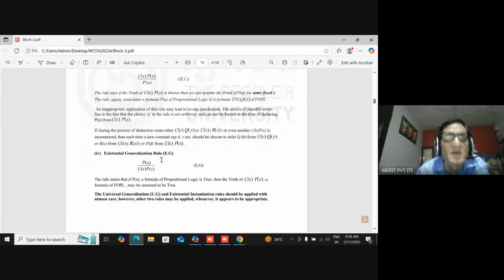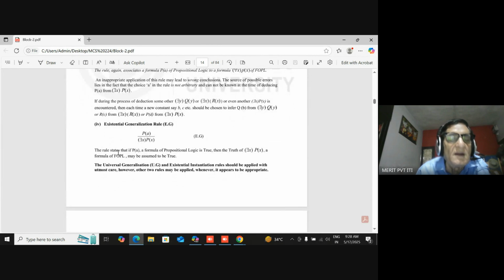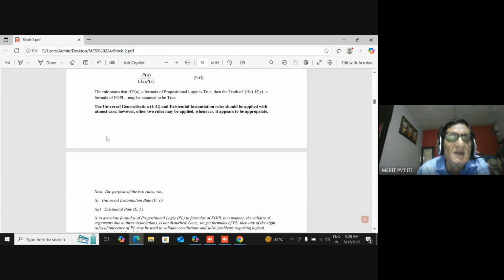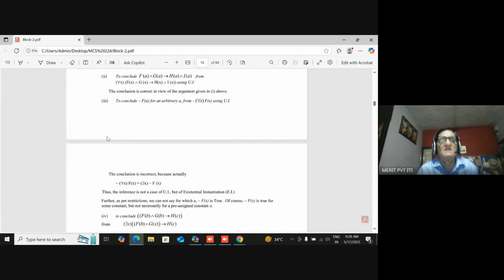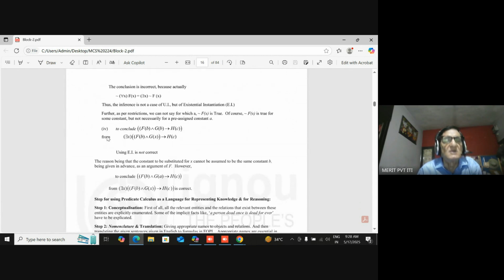Then come the existential generalization rules: pa gives there exists x px. These rules say that if pa, a formula of propositional logic, is true, then the truth of there exists x px may be assumed to be true. So these are all the formulas given, and you can see that these are used in the examples and all that.